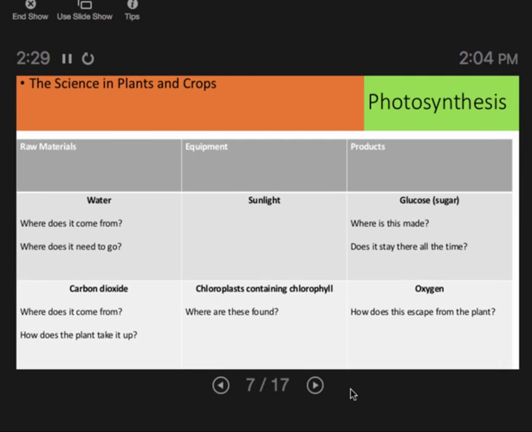So looking just really quickly at photosynthesis, if you were to explain it to a year 7, 8, even a 9, 10, in the simplest form, and again it depends on what type of student you have, but trying to get the basic concept across is that you've got these raw materials coming in, which is water and carbon dioxide, and you can question and then ask them, where does it come from? Where does water come from? Where does it need to go? And the carbon dioxide, well, where does that come from? How does the plant take that up?